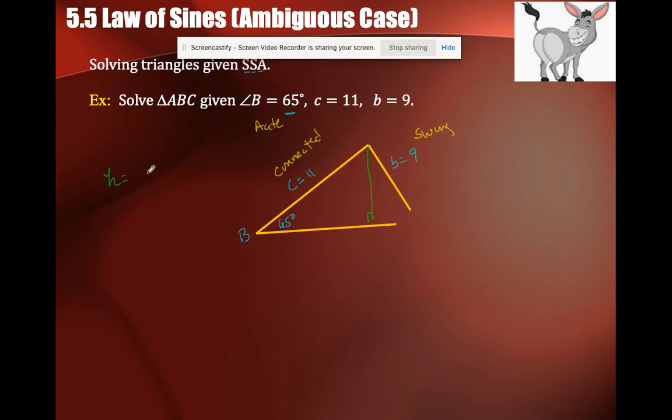The height is sine of this angle times the hypotenuse created by this right triangle.